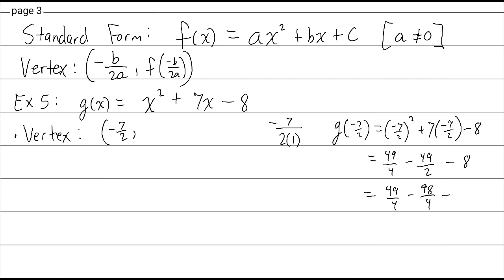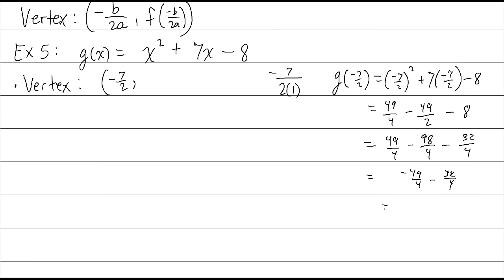Minus, if I multiply 8 by 4 over 4, that gives me 32 over 4. Common denominator, great. 49 over 4 minus 98 over 4 is negative 49 over 4, minus 32 over 4. Goodness gracious. It's going to be negative 81 over 4.